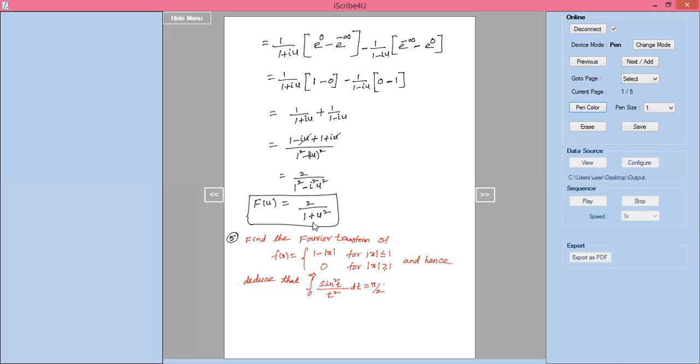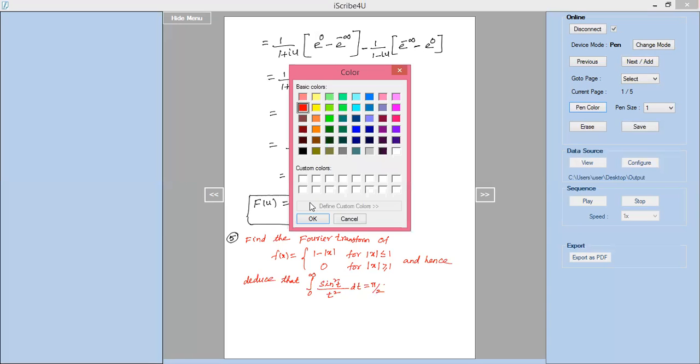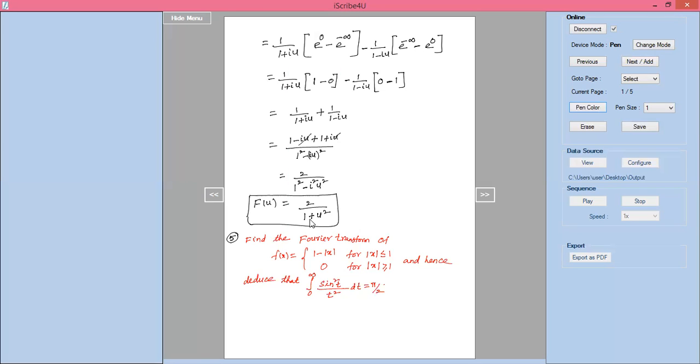How do you simplify this one? Write the solution in the next sheet. What is the solution?